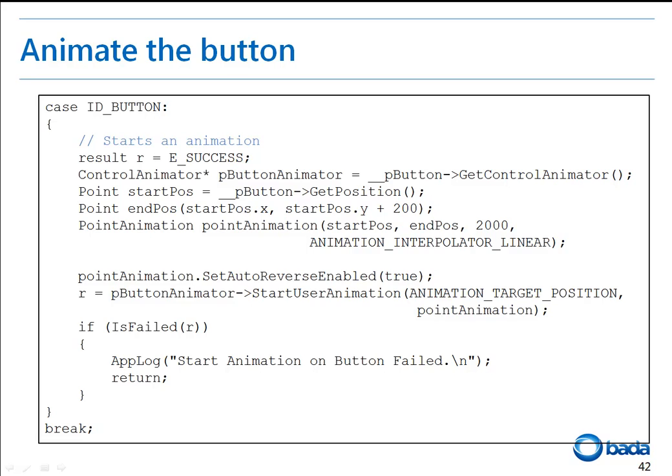This will have one forward animation and one backward animation playing in one iteration. Then I start the animation using the Start User Animation method. The parameter animation_target_position specifies the animation for the position properties. And with such simple steps, we can easily animate a button from one point to another.